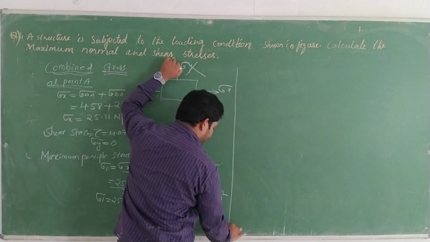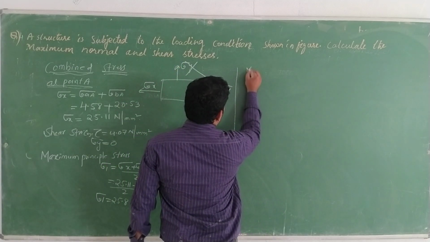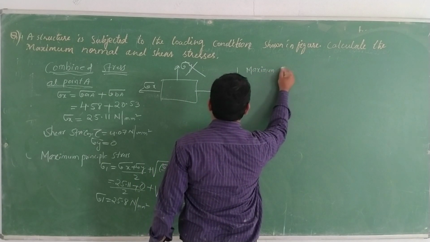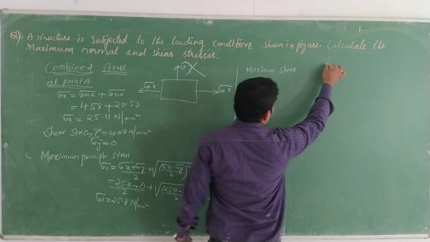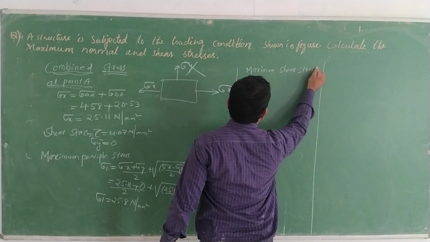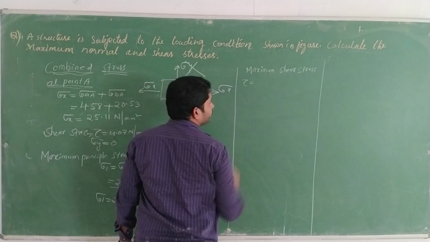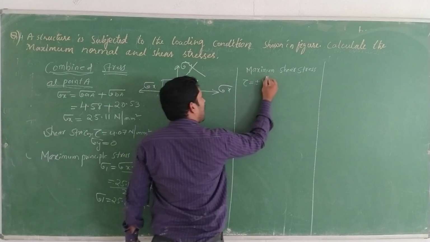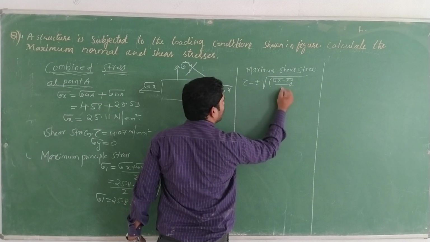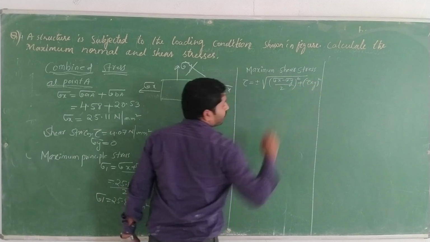Again we need to find the maximum shear stress. How to find it here? Tau is equal to plus and minus under root of ((sigma x minus sigma y) by 2) whole square plus tau xy whole square.